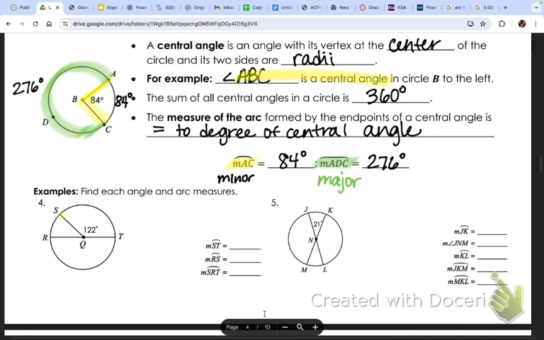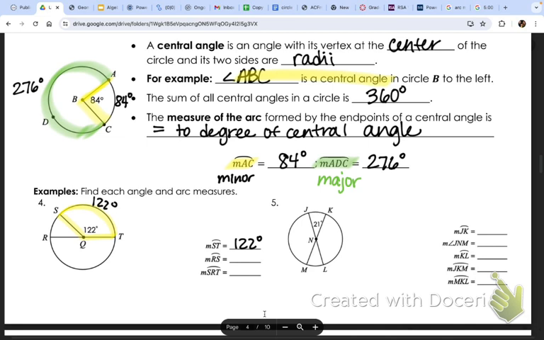So if this is my central angle, SQT, the arc that it's connected to right there is also 122, okay? But ST, you got to follow the letters, and obviously for arcs, we're only going to use 2 if it's a minor arc. The only time you use 3 is if it's a major arc. So then we're talking about pieces of a pie, okay?